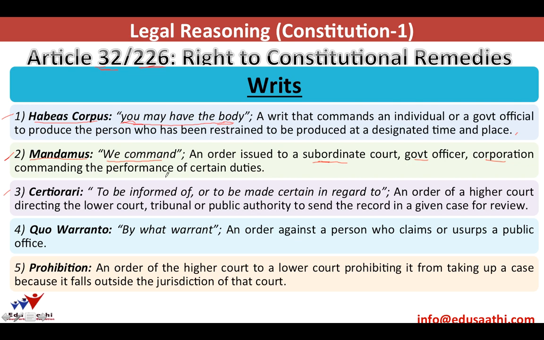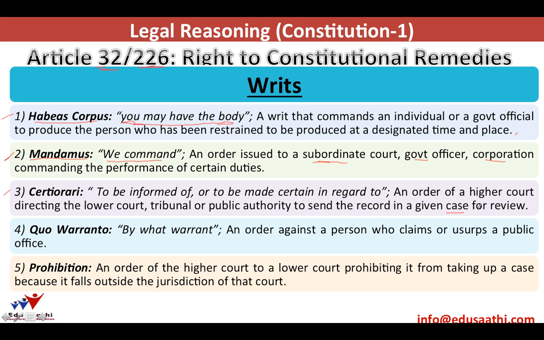Next is certiorari. It means to be informed of or to be made certain in regard to an order of a higher court directing the lower court, tribunal, or public authority to send the record in the given case for review.